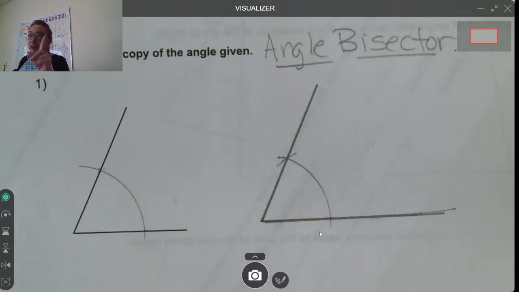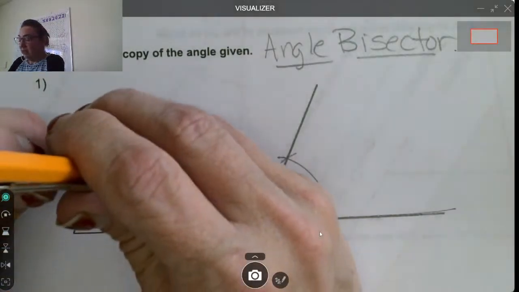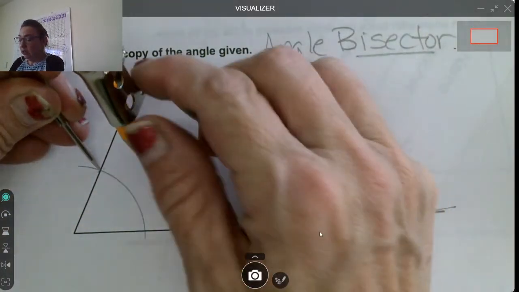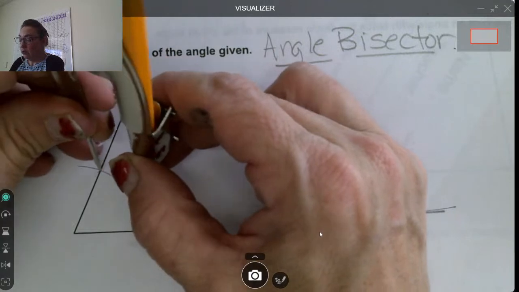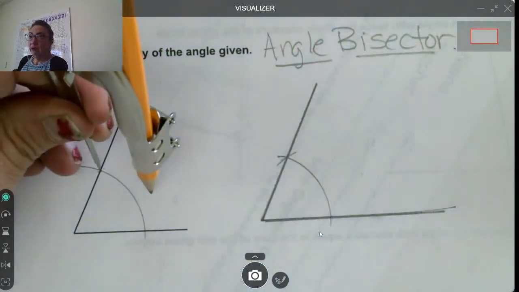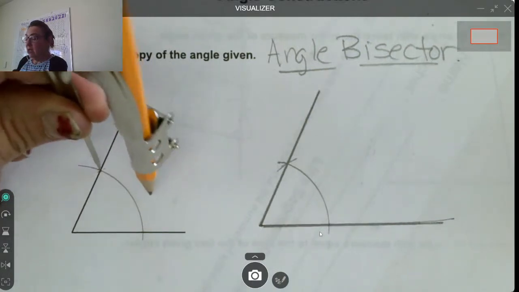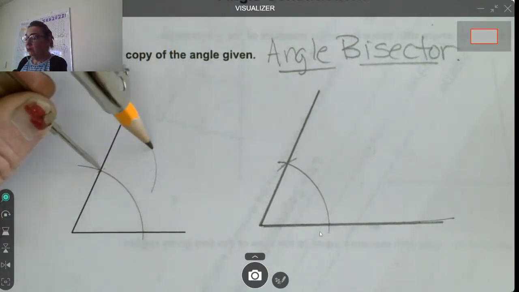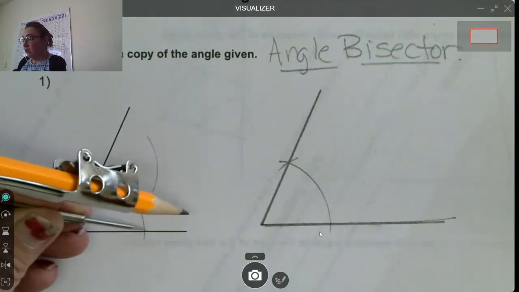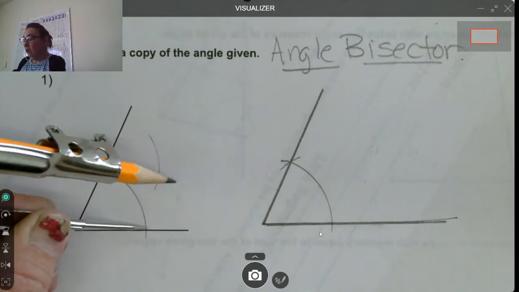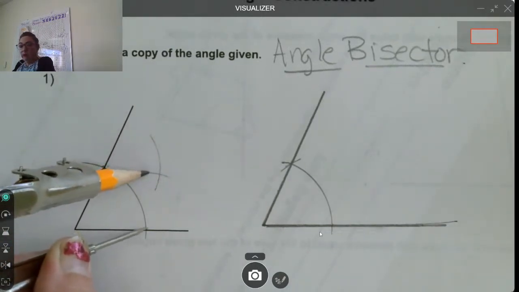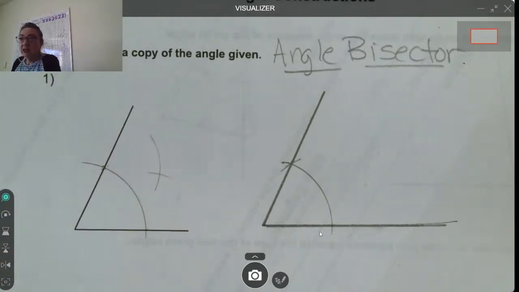So here's what we're going to do. We're going to take our compass and put it on one side over here, and make sure that our compass reaches at least halfway across the angle, just like we did with our perpendicular bisector. And we're going to make an arc. Then without moving our compass, we go to the other side of our angle and make an arc so that they cross.